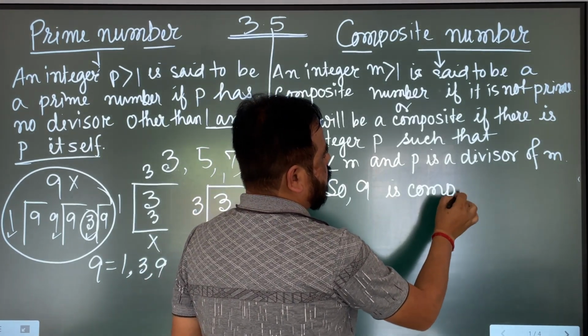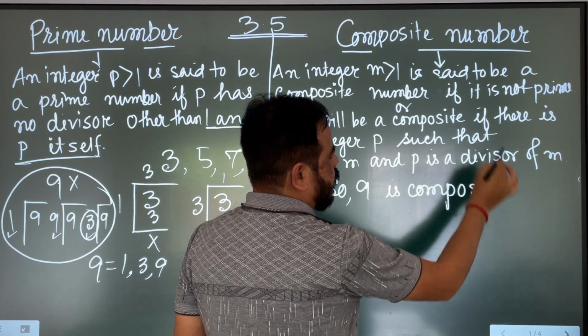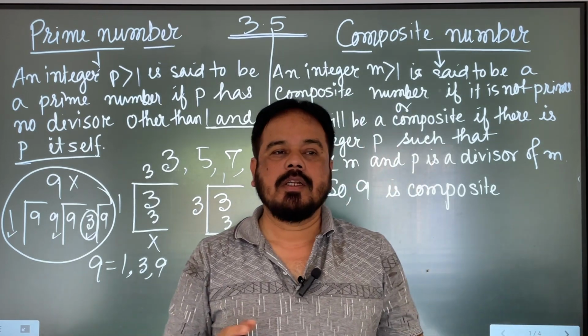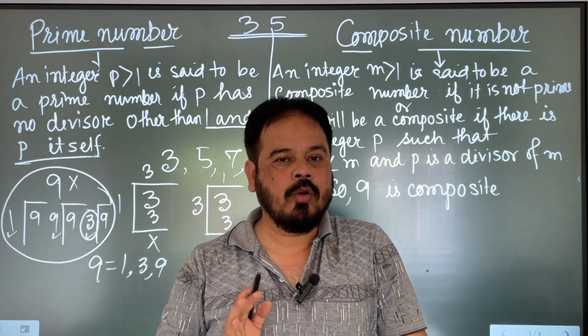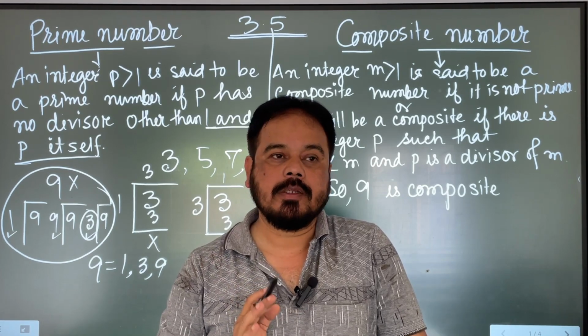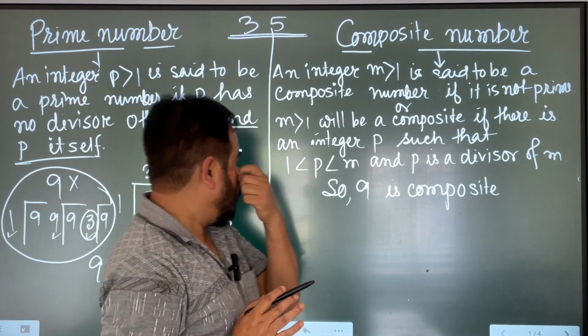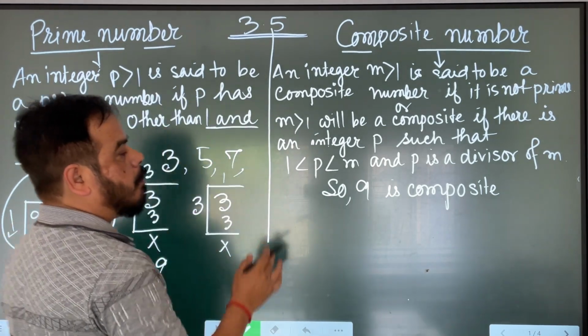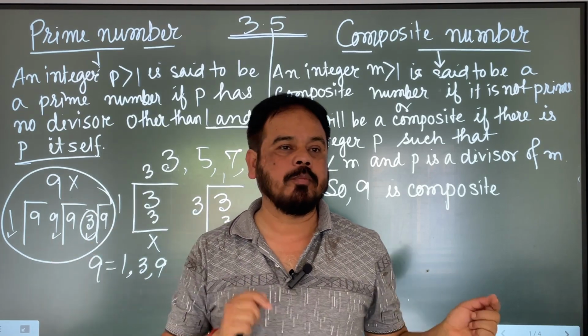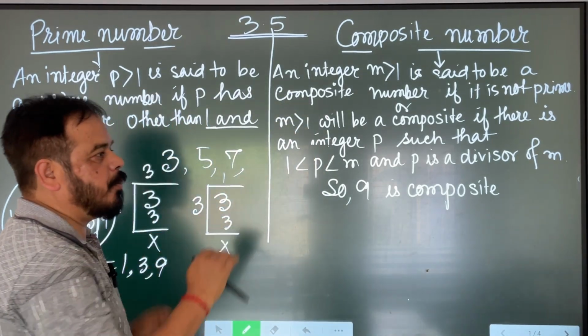Why? Because 9 is not prime. So all numbers greater than 1 will be either prime or composite, but this should always be greater than 1. If the number is not composite, then it is prime. If the number is not prime, then it is composite. That is the first preliminary part.